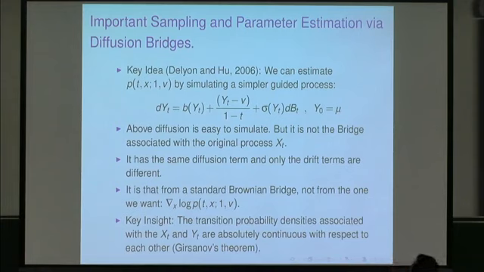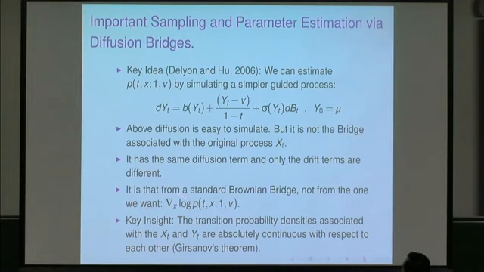They said let's simulate a simpler Brownian motion, some kind of a Brownian bridge whose drift term is not the drift term associated with the true Brownian bridge of our SDE that we want to simulate. So we use a kind of greedy drift, just the drift from the standard Brownian bridge. The cool thing is it has the same diffusion term as the one we want, but the drift term is not of this form.